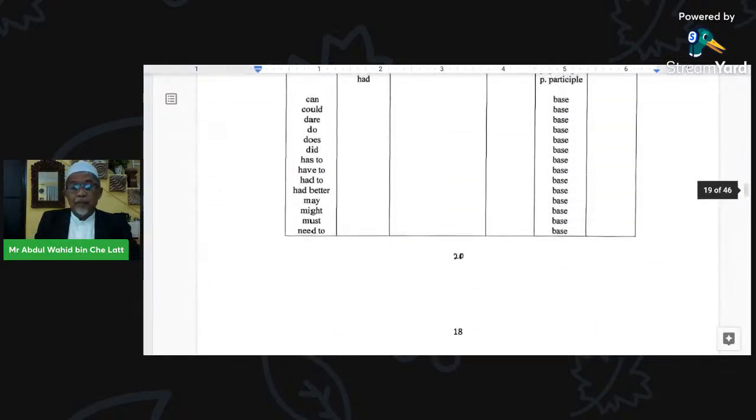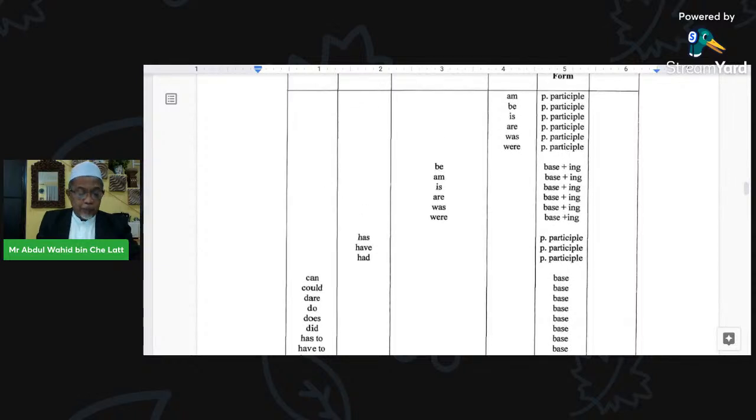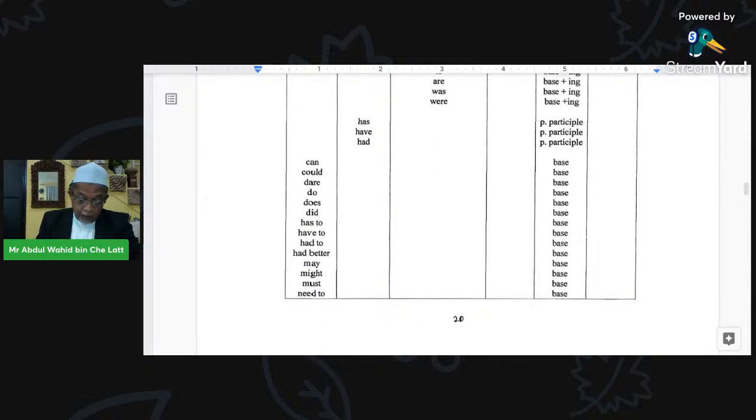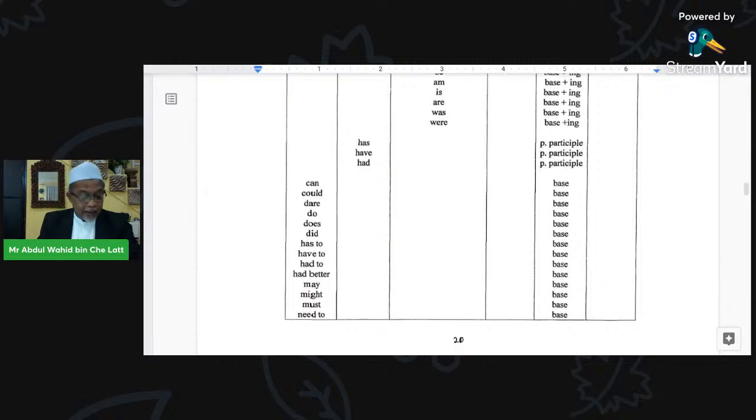Participle for beri is given. Therefore, the verb phrase will be was given. So the sentence will read, when I was 2, I was given to a childless couple for adoption. We skip sentence 3 because the form is just like sentence 2. We go on to sentence number 4.